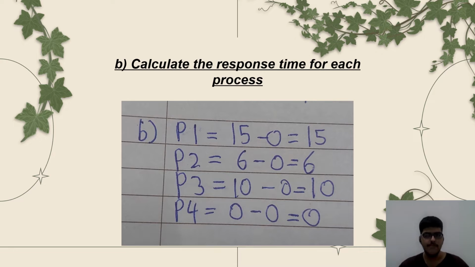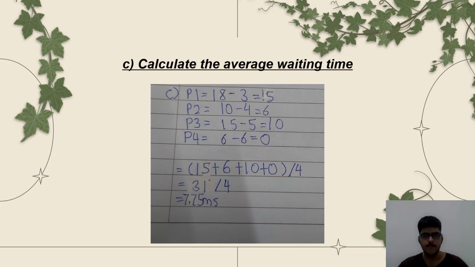Back to the question, the arrive time for all the processes is 0 milliseconds. P1 gets the CPU at 15, minus arrive time 0, equal to 15. P2 equal to 6 minus 0 equal to 6. P3 10 minus 0 equal to 10. P4 0 minus 0 equal to 0.